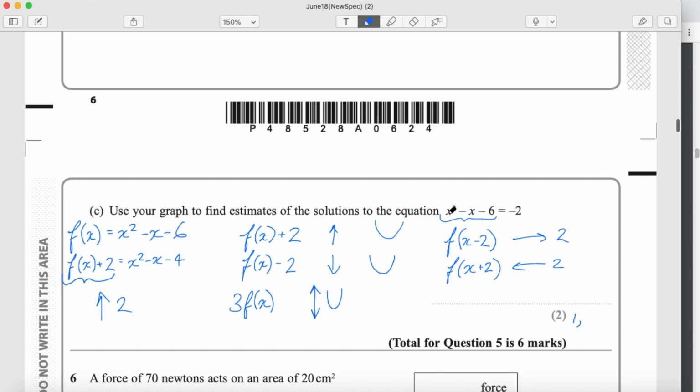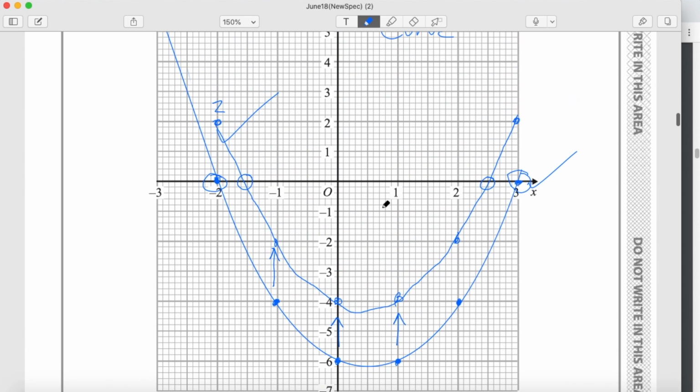The other will be for using this shifted graph to find the solutions to the equation. Remember, solutions are just where the graph crosses the x-axis. So we have a rather badly drawn curve here. Remember, you want something like our original curve, nice and smooth, going through all the correctly plotted points. So just imagine mine looks like that. It's quite hard to draw on my electronic pad that I've got here.